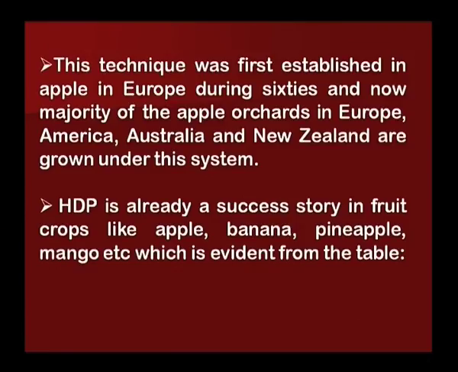This technique was first established in apple in Europe during the 60s, and now the majority of apple orchards in Europe, America, Australia and New Zealand are grown under this system. HDP is already a success story in fruit crops like apple, banana, pineapple, mango, etc., which is evident from the table.